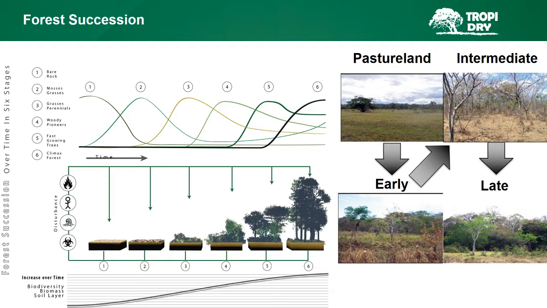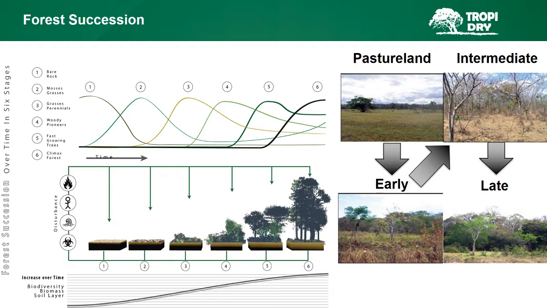So if there is no liana arresting of the development of the forest succession, then we would go into the late stage. There you can see that the late stage has lots of tall trees and a mature canopy.